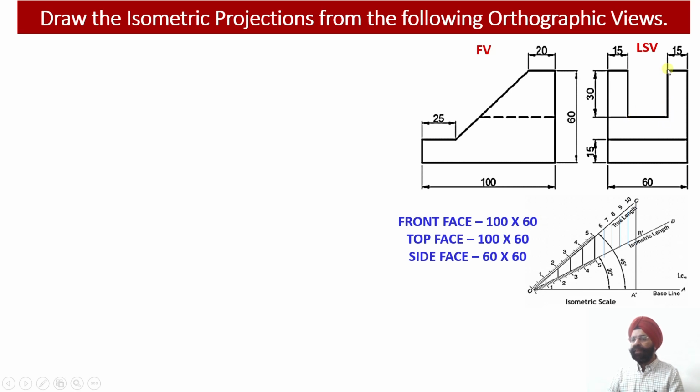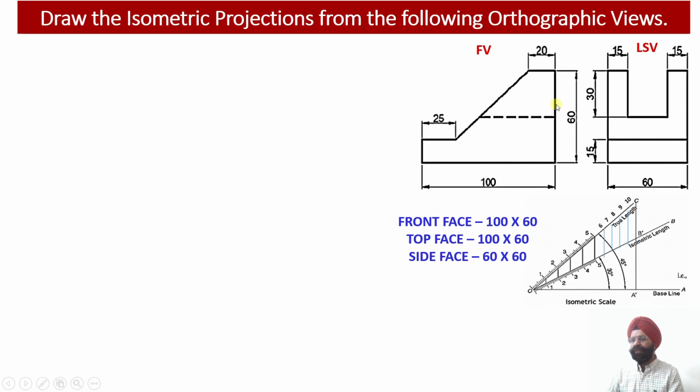In the side view they will appear to you as vertical webs, but in the front view you will find that they are the projections of the slanting web, which originates from a point 20 millimeter in front of the rear edge. So this is the rear vertical edge of this particular solid, right?